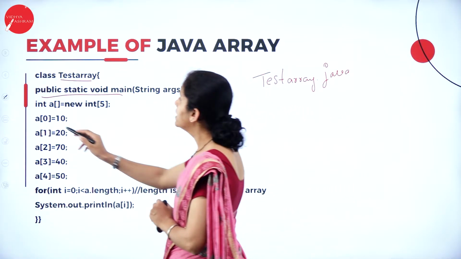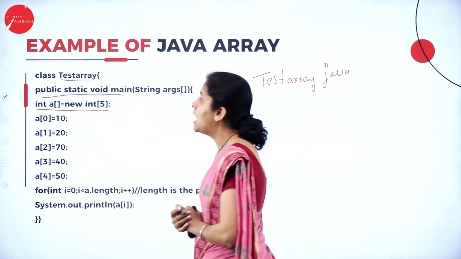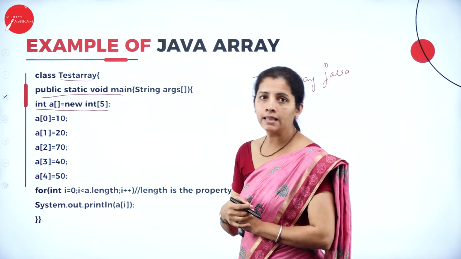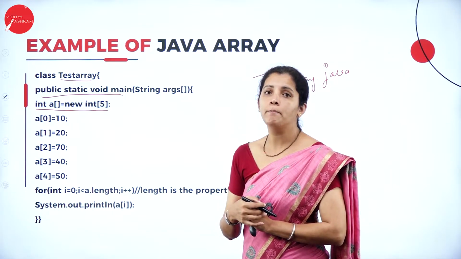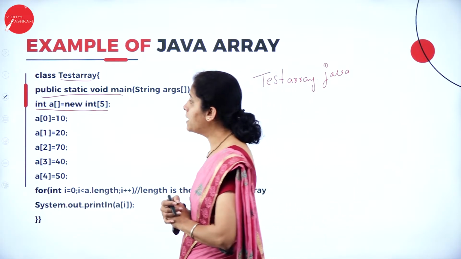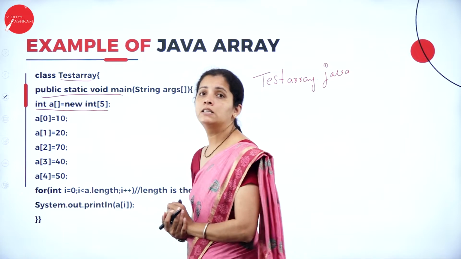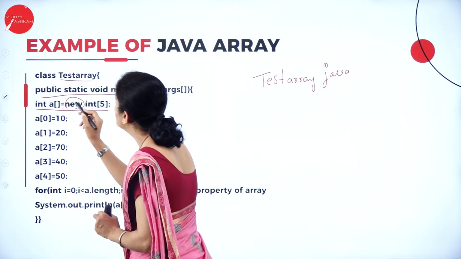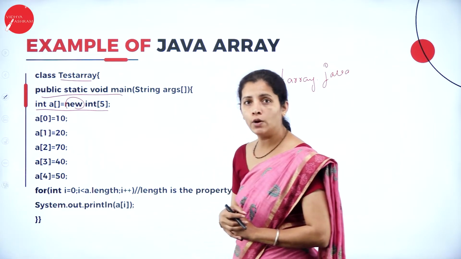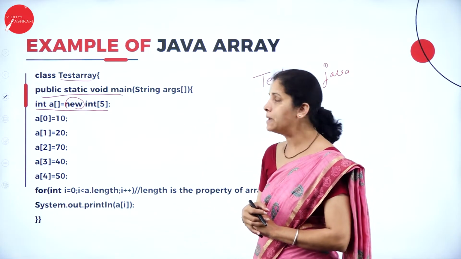See here, inside that, I'm going to declare the array. At the same time, I'm going to allocate the memory. And what is my array name here? It is A. And the new keyword is used to allocate the memory dynamically.